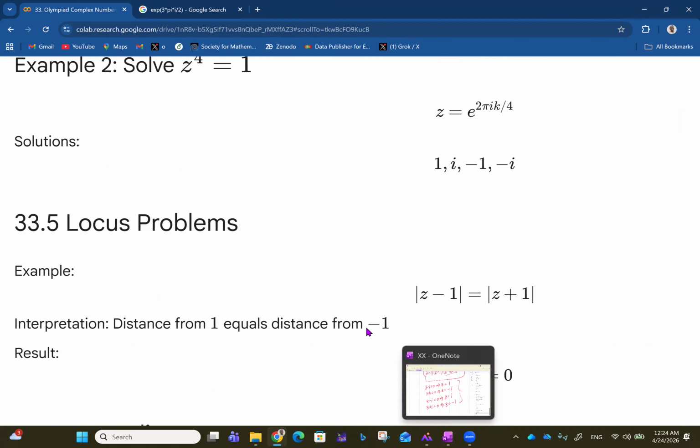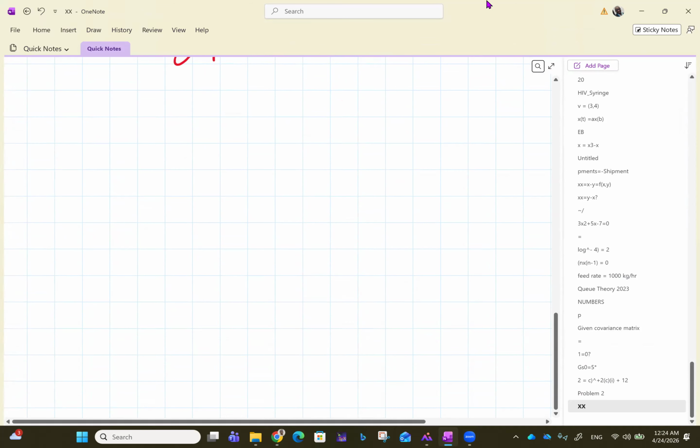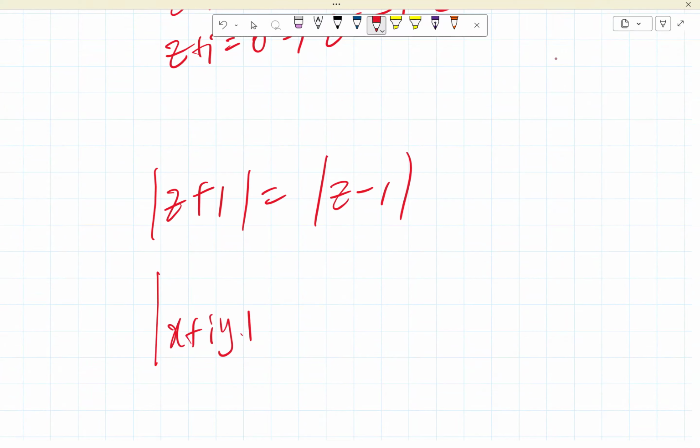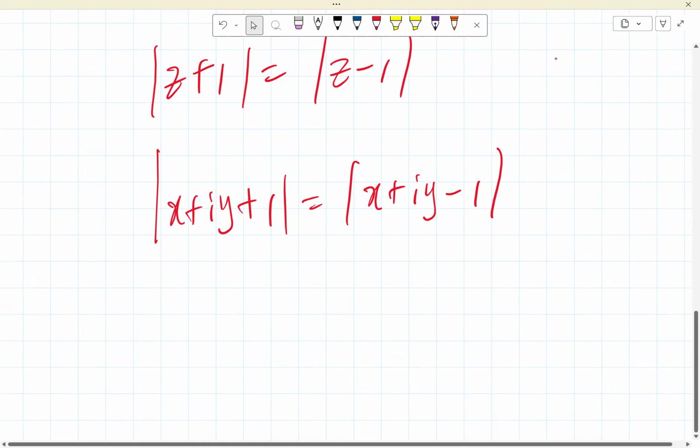So we have absolute value of z plus 1 equals absolute value of z minus 1. So of course, this is x plus iy plus 1 equals x plus iy minus 1. So what can we do with this now? We're talking about the absolute value.